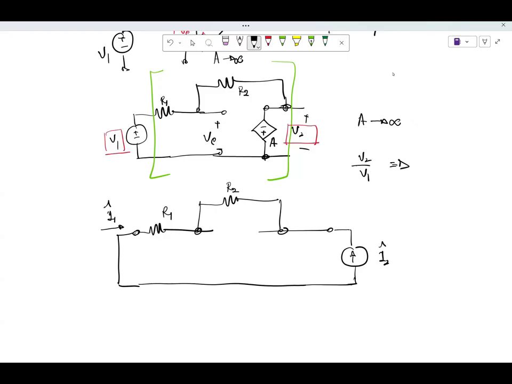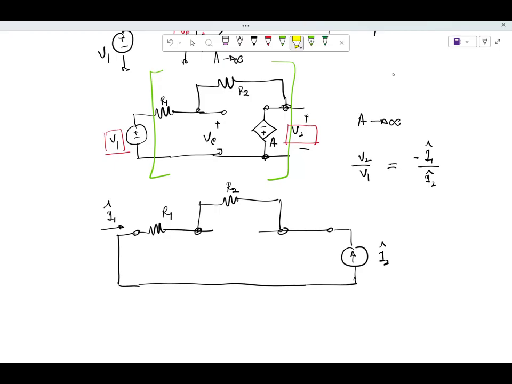So basically this corresponds to negative I1 hat times I2 hat, correct? Okay. So in other words, this is what should happen, right? How to remember this?